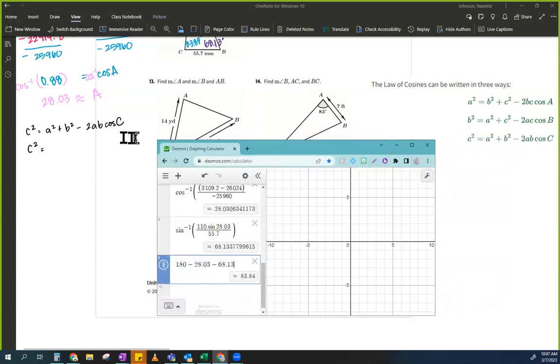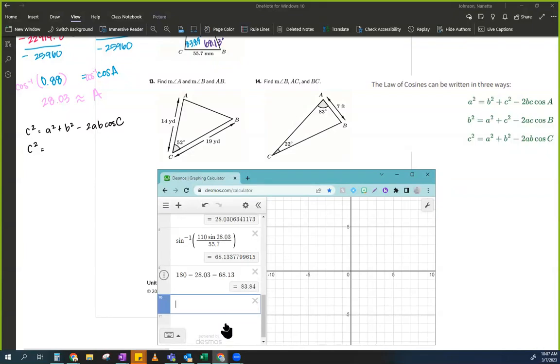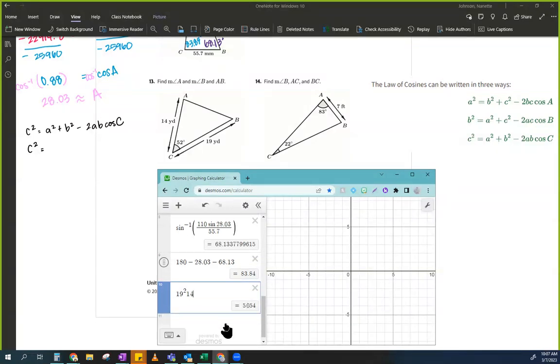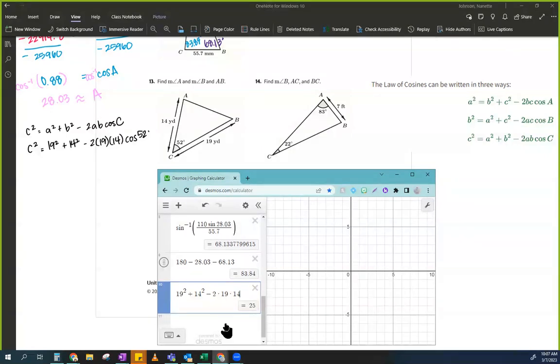I'm just going to straight plug this whole thing in. There's nothing that I'm solving for. C is actually what I'm looking for. It's going to take me a second. So while my computer catches up to my writing, I'm going to move on. Plus 14 squared minus 2 times 19 times 14. Look, it caught up. Cosine 52 degrees.